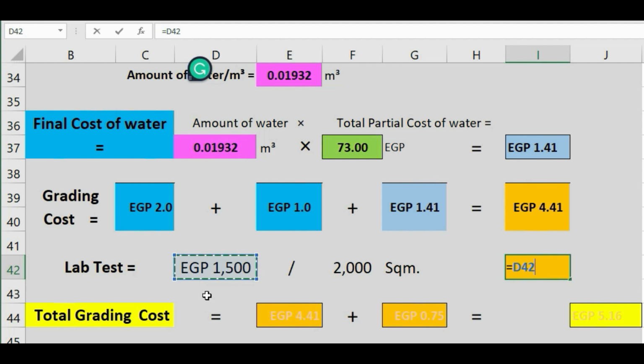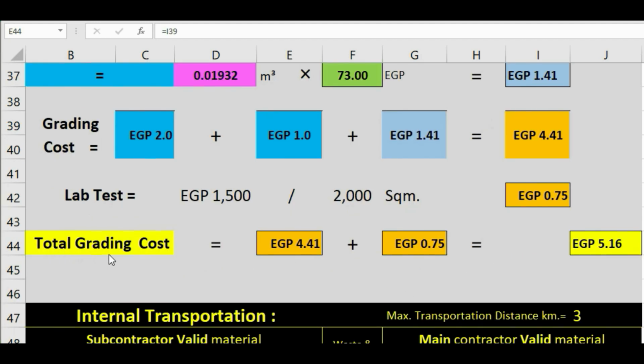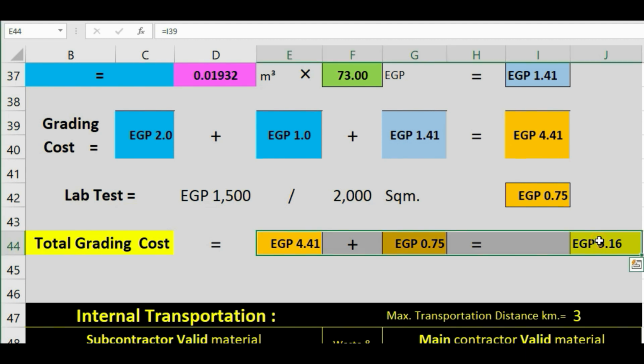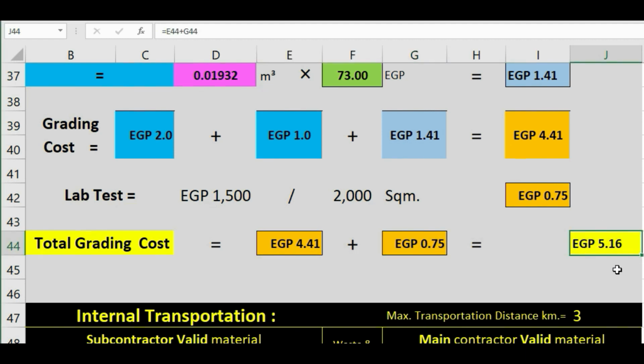Cost of one test over each 2,000 square meter equals 0.75. Total grading cost will equal grading cost plus cost of lab test: 4.41 plus 0.75 each meter square.